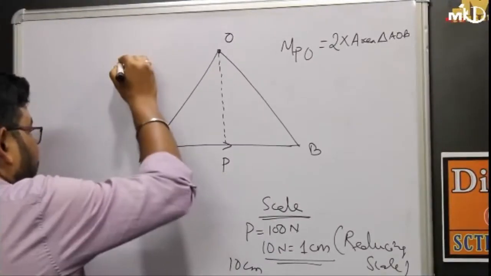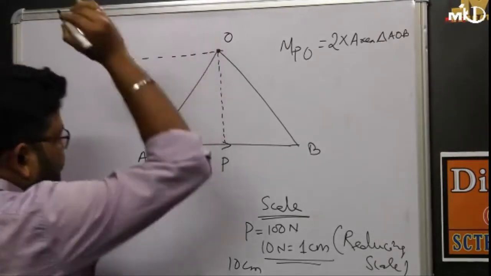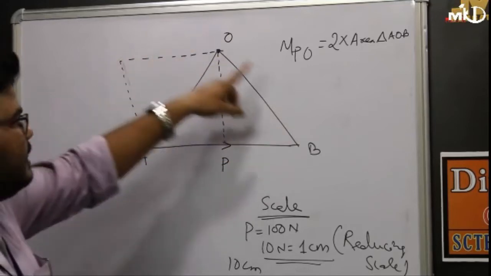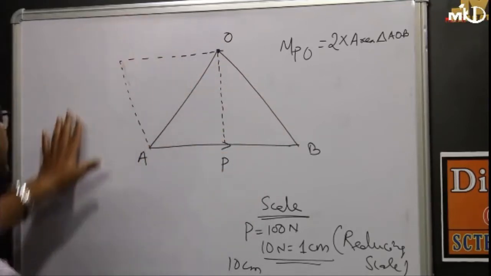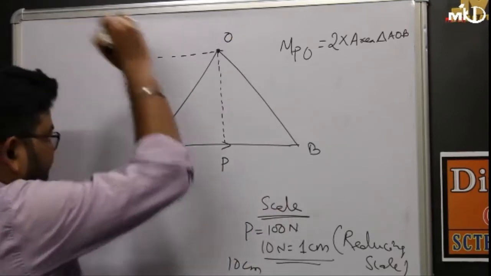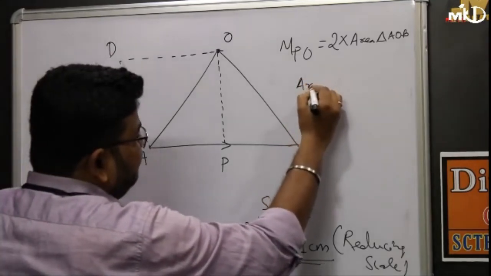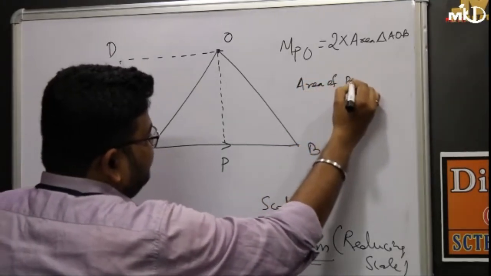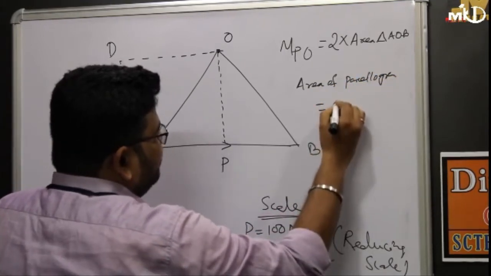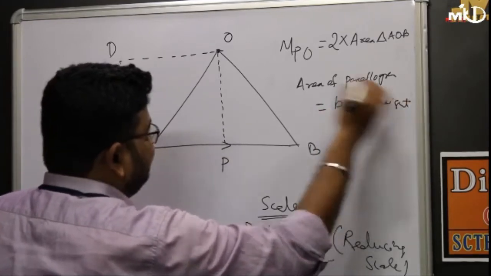Now let us draw a line like this. So this completes a parallelogram. This total figure is a parallelogram ABO, let the fourth point be D. As we know, the area of a parallelogram is equal to base into its height.